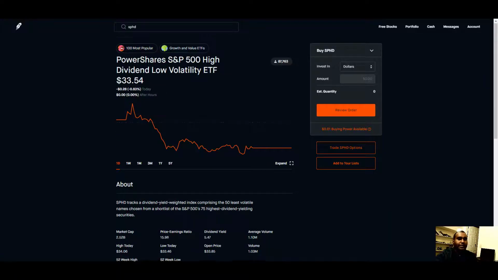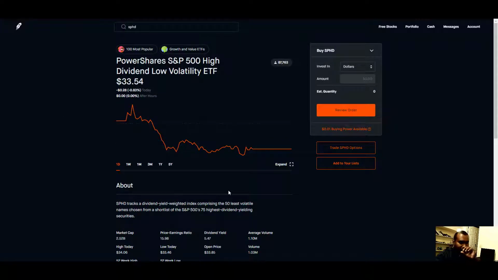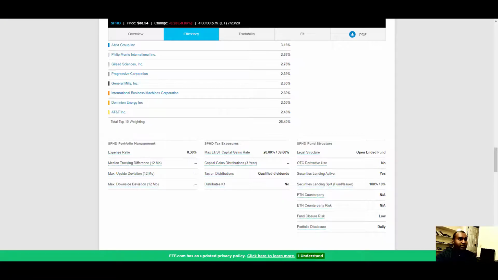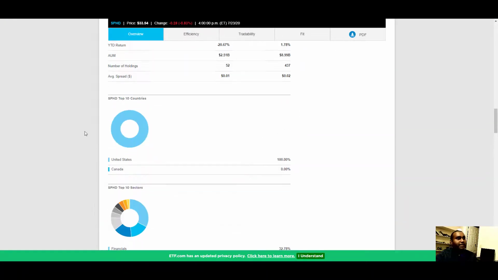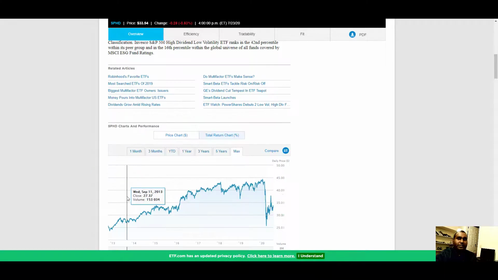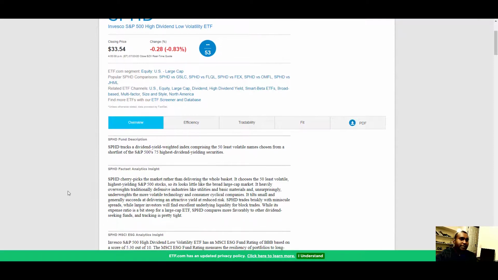So let's figure out which companies they own. From here, Robinhood doesn't really show you what they own, so you can Google the same ETF. There's a website named ETF.com, and you simply put in the ETF, in this case SPHD, and they give you a little bit of data.